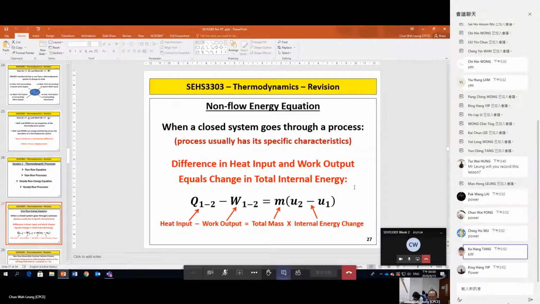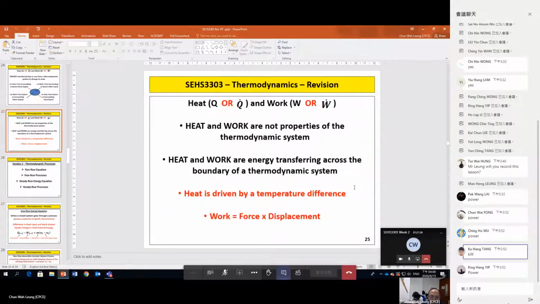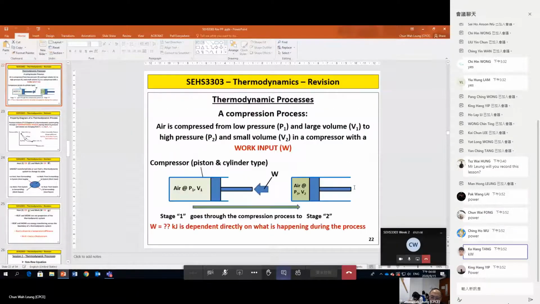Now, let us go back to the diagram. This is a typical non-flow system because the air will not be allowed to cross the boundary. So therefore, the air inside cannot go out, and the air outside also cannot go in. So therefore, it is a typical non-flow system.